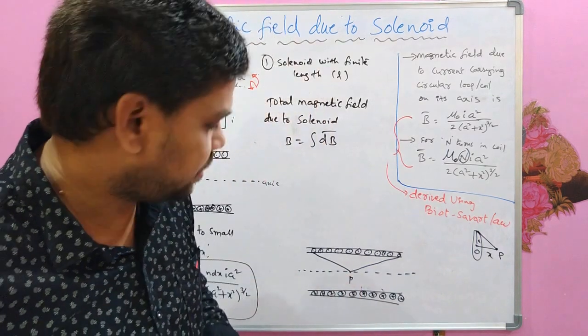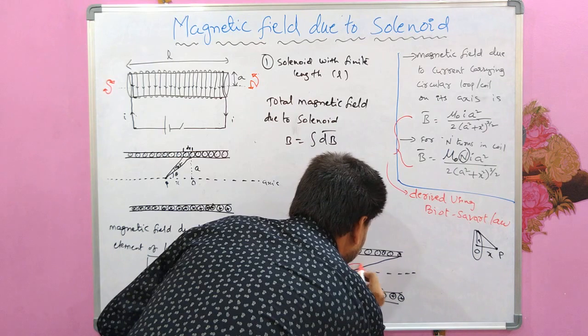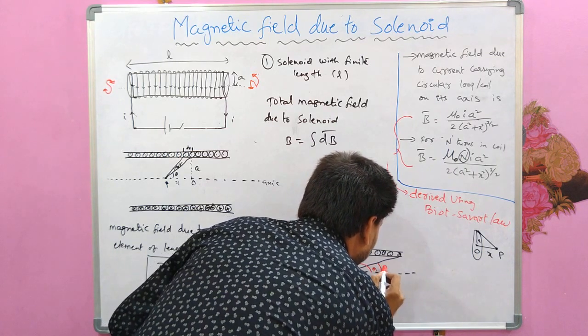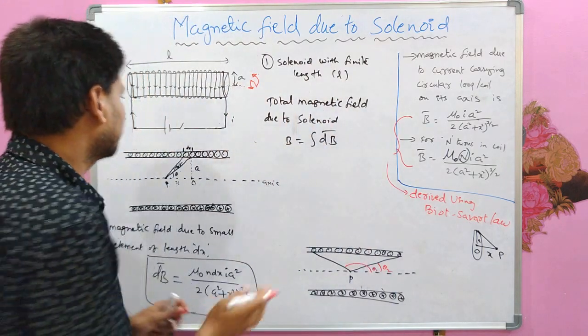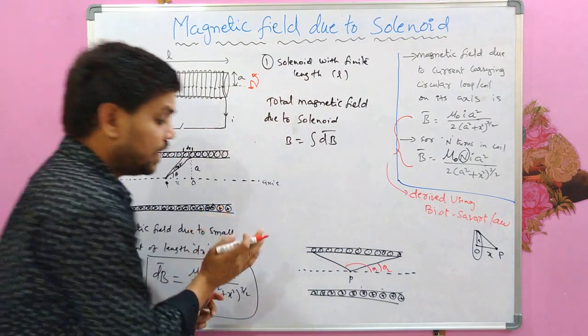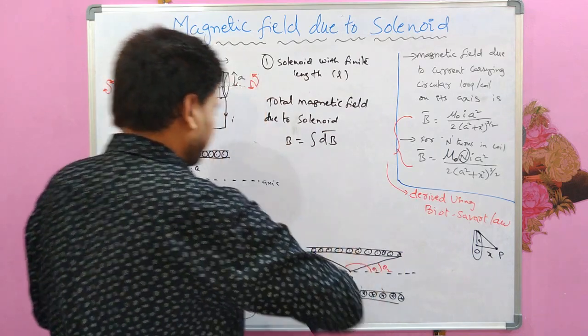the angles will be, this is theta 1 and this is theta 2. From this edge to this edge. So they are in the same direction, you can say. I have taken these angles in the same direction.